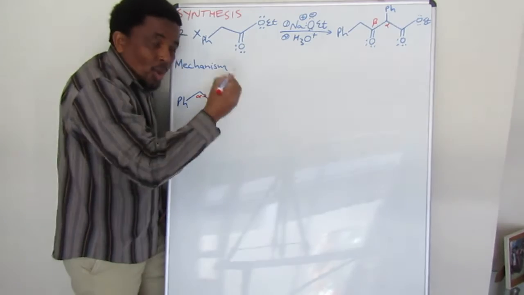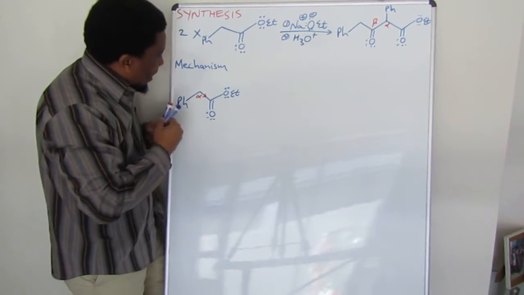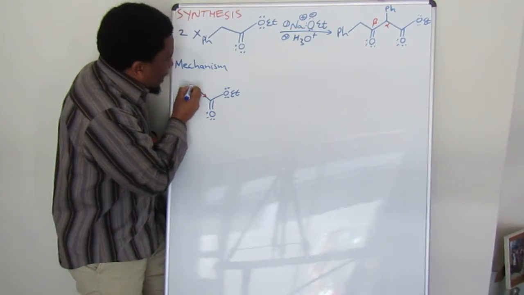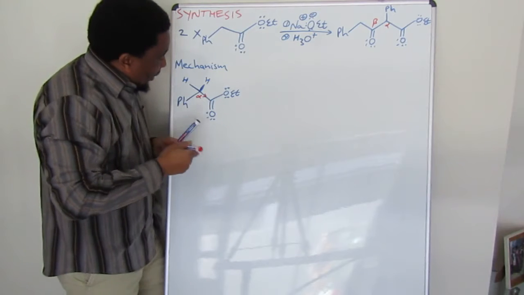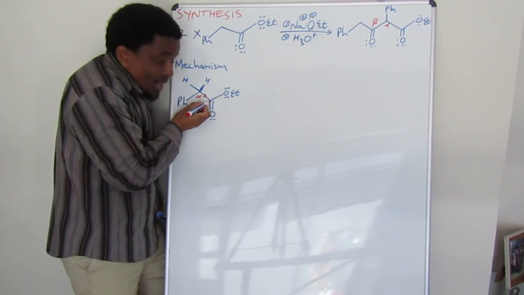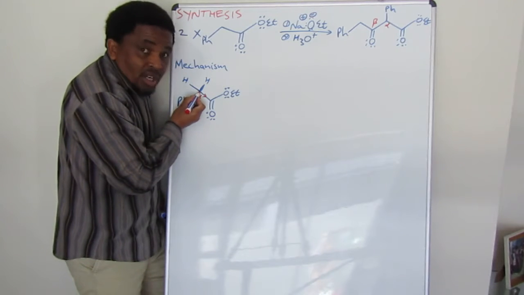Remember, there are two hydrogens attached to this alpha carbon, a hydrogen here and a hydrogen here. When these electrons are released towards the electrophilic carbon, then the alpha carbon becomes positive in charge.